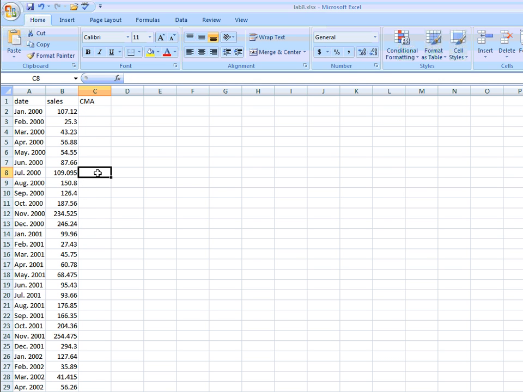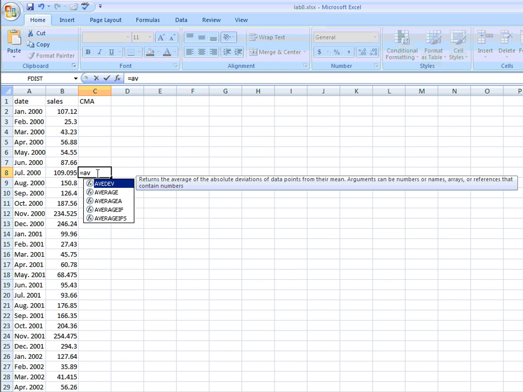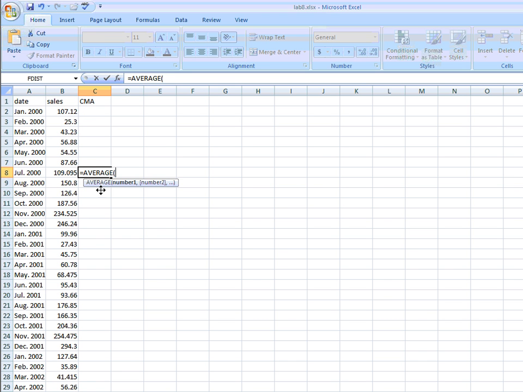So the first one we do here is equals average. You notice average comes up. We take the first 12 months, comma, and then the next 12 months, in parentheses.